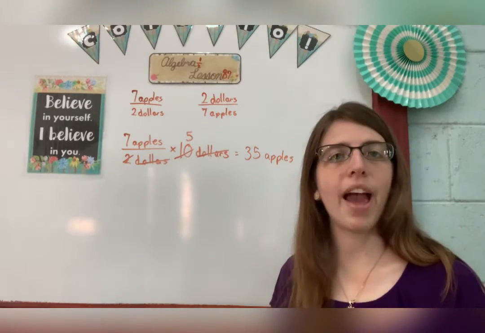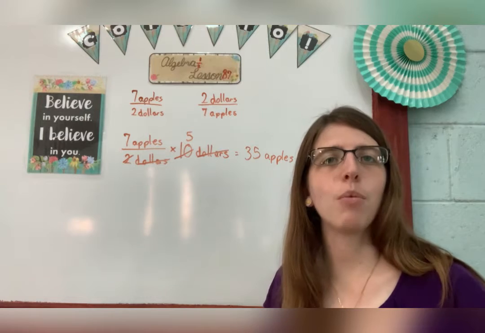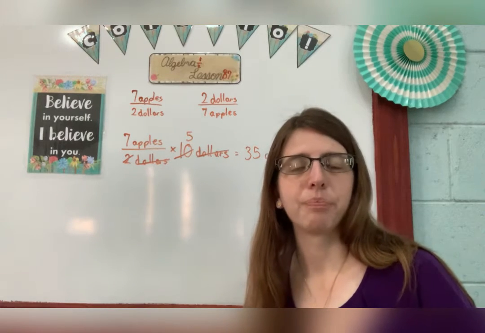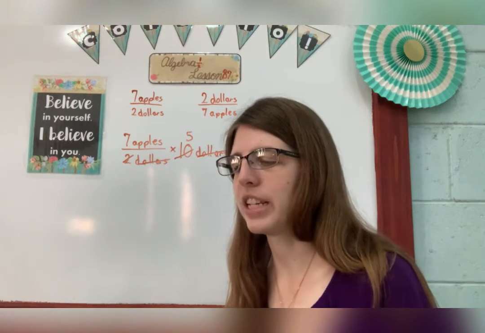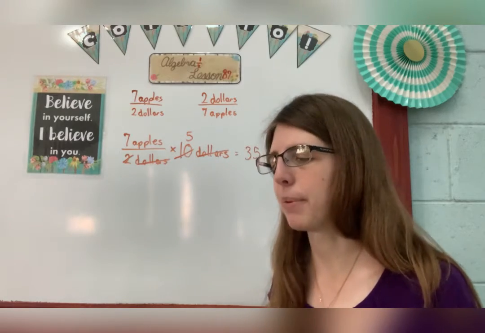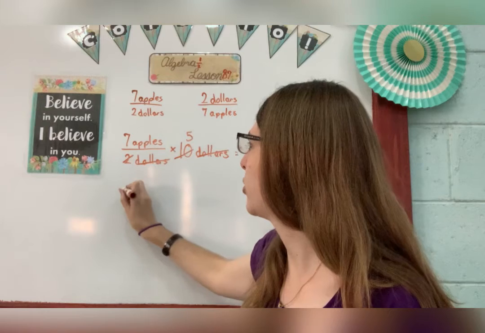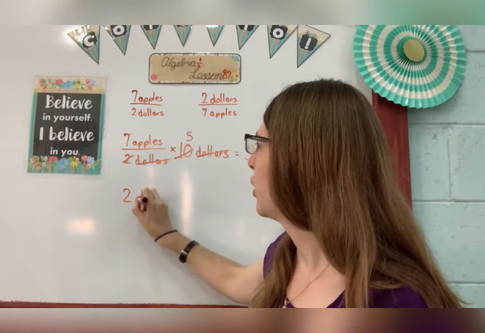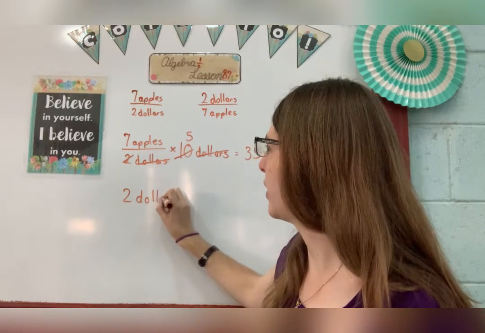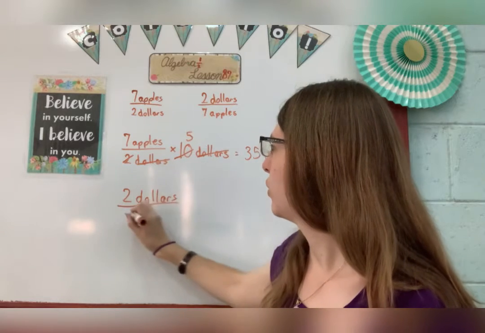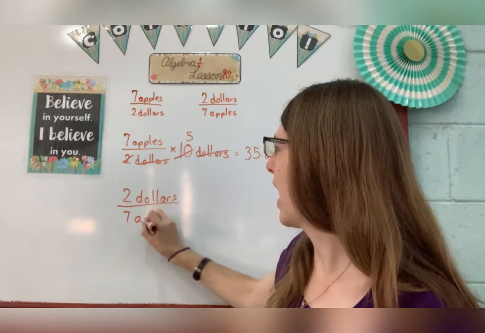In this same way, if I change what I'm looking for and I want to know how many dollars I would need to spend for 10 apples, well, here I'm looking for dollars. I want to know how much 10 apples would cost. So I put dollars on the top. I'm going to use that ratio, $2 over 7 apples.